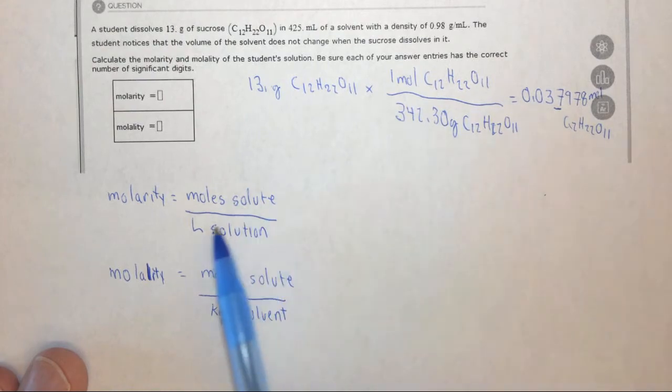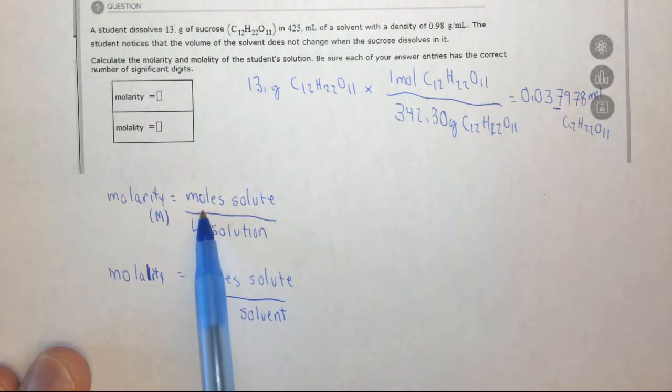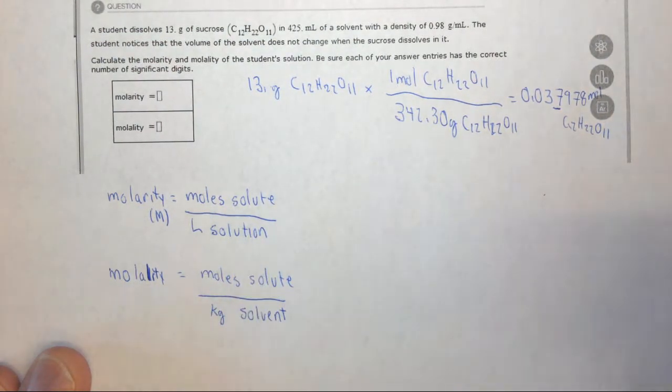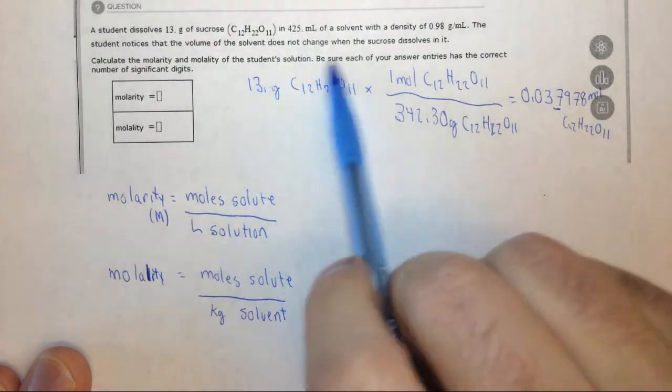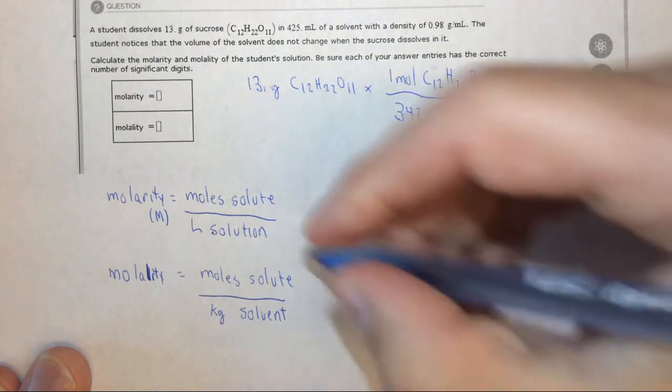Now we need to find molarity, the big M. Okay, molarity has a unit of big M. Then we can take the moles and divide by the liters of solution, and here it says the solution volume doesn't change, so this is the 425 milliliters of solvent.